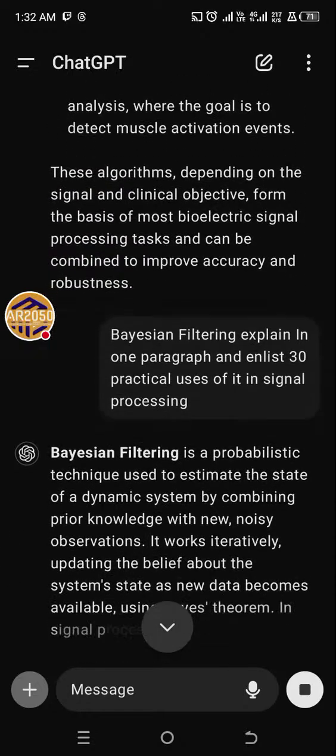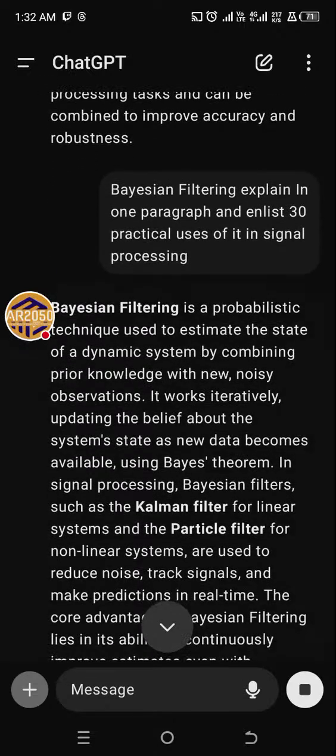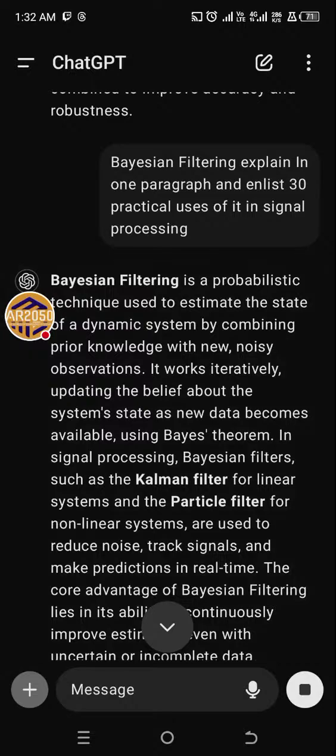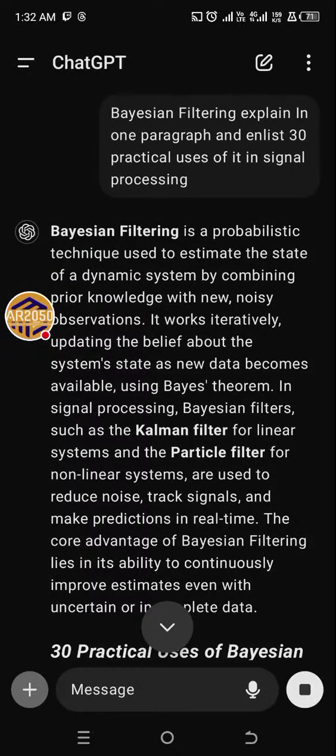It says that it is a probabilistic technique used to estimate the state of dynamic systems by combining prior knowledge with new noisy observations. It works iteratively, updating the belief about the system state as new data becomes available. Okay, so it is something like when we have continuous data coming in and we have knowledge of the previous data, then we remove the noise from the new incoming data. I hope so. It's something like that.